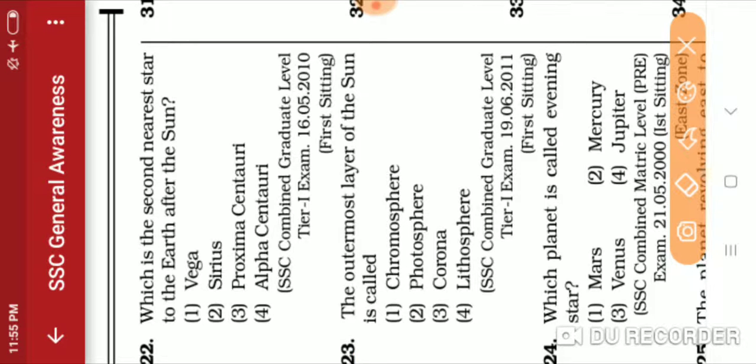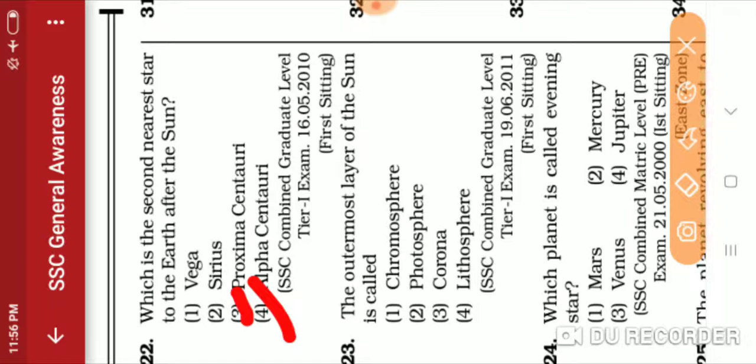Next question. Which is the second nearest star to the earth after the sun? You know the sun is also a star. So sun is the first, okay, and second nearest star towards the earth after the sun is Proxima Centauri, and third is Alpha Centauri.